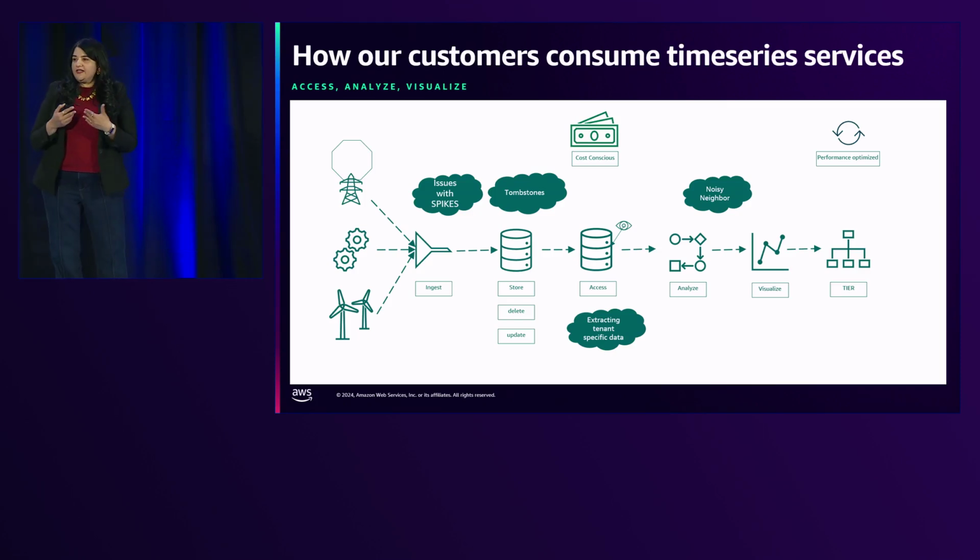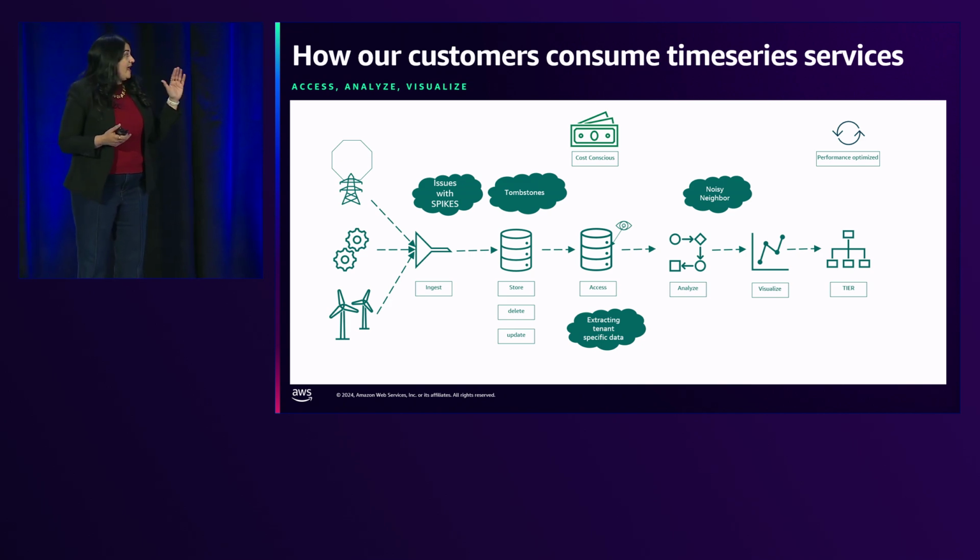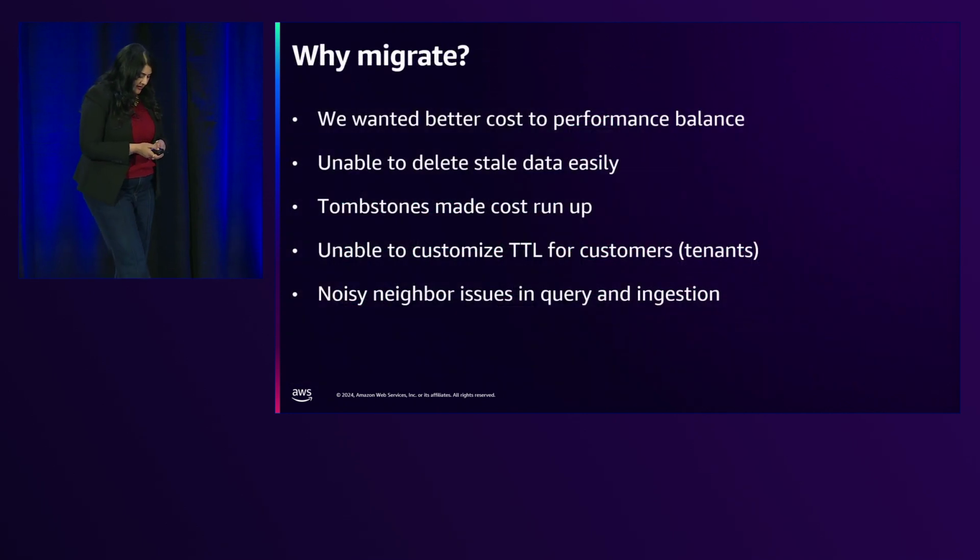It gets ingested in our store. And we have a lot of analytics running off of that data. We have near real-time insights being drawn, reports and visualizations getting created, control room operators using this data on a regular basis. And this has to continue. While we are doing this, we have to do it in a cost-conscious way. And those were the challenges in front of us as we were trying to migrate this data.